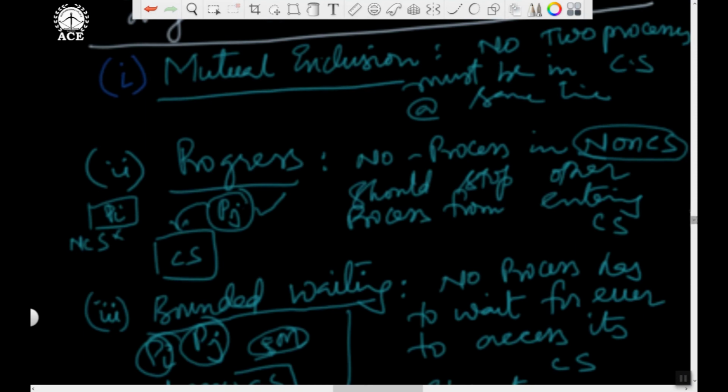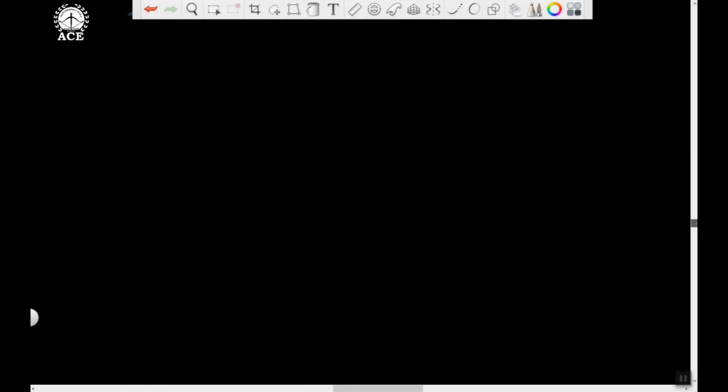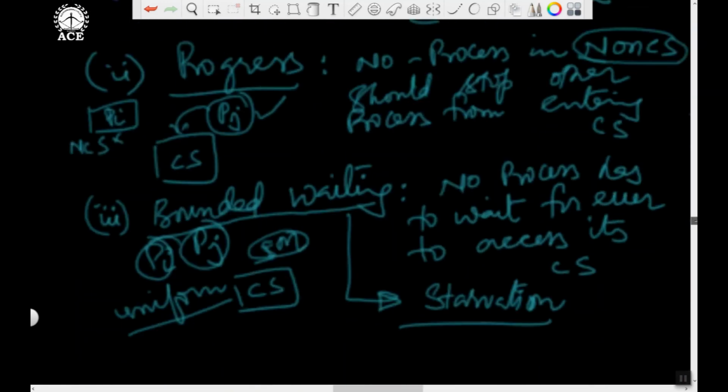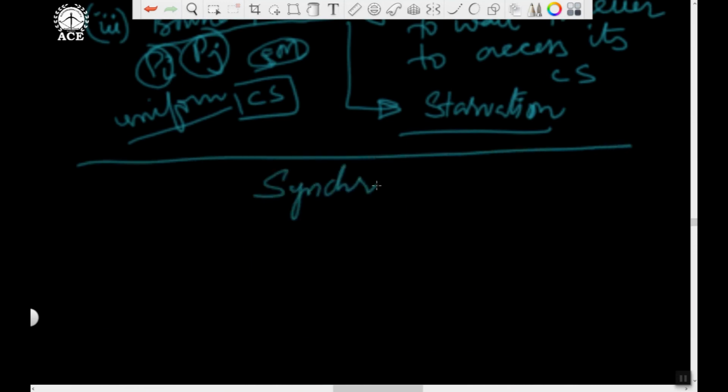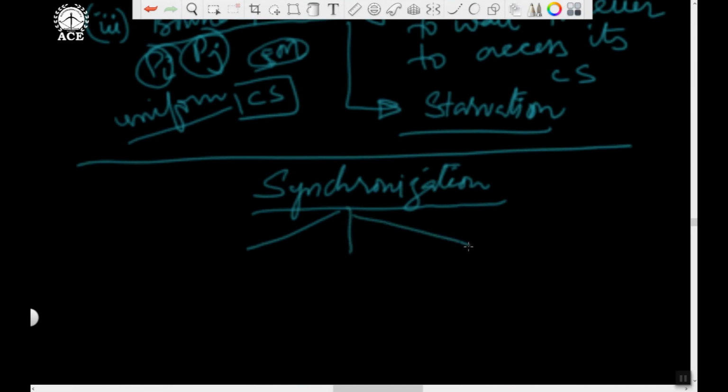So with these three requirements, we are now ready to start our discussion on what we call synchronization mechanisms. What are the various synchronization mechanisms? As per your syllabus, there are three things that we need to discuss. One is called Peterson solution, Peterson algorithm.